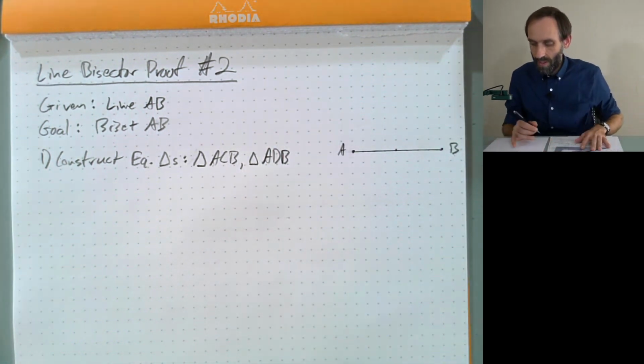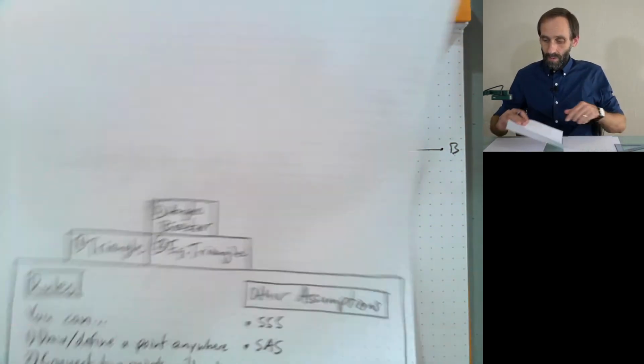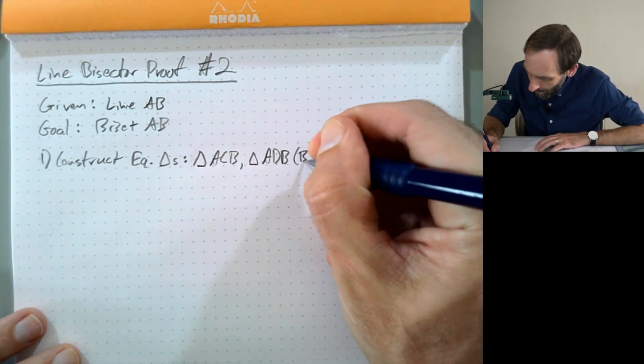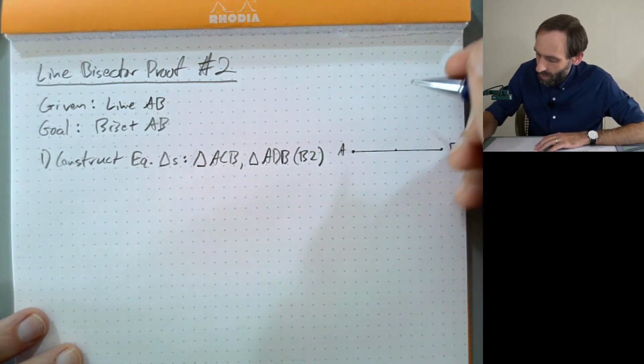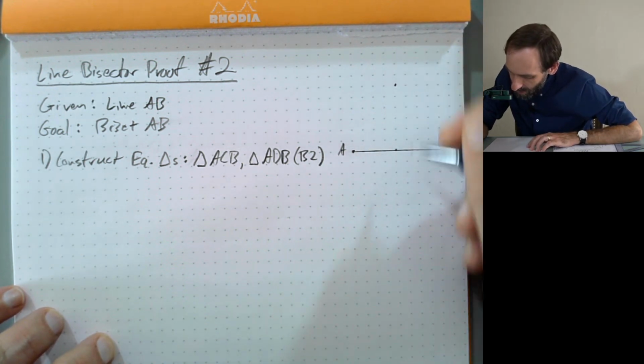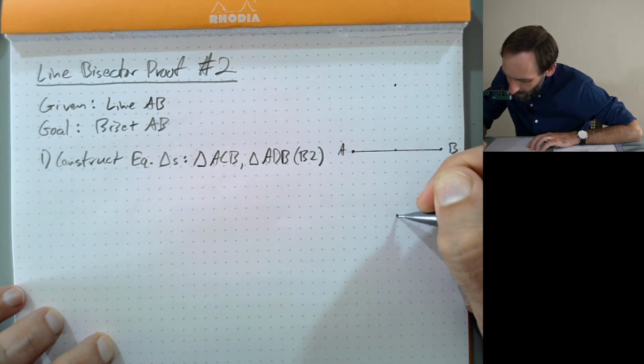And our justification for that is, of course, the brick that says we can construct an equilateral triangle. So that's brick number 2, B2 for brick 2. And so, again, I'm not going to construct them here. I'm just going to estimate, it won't be perfect, but it'll work for our diagram.